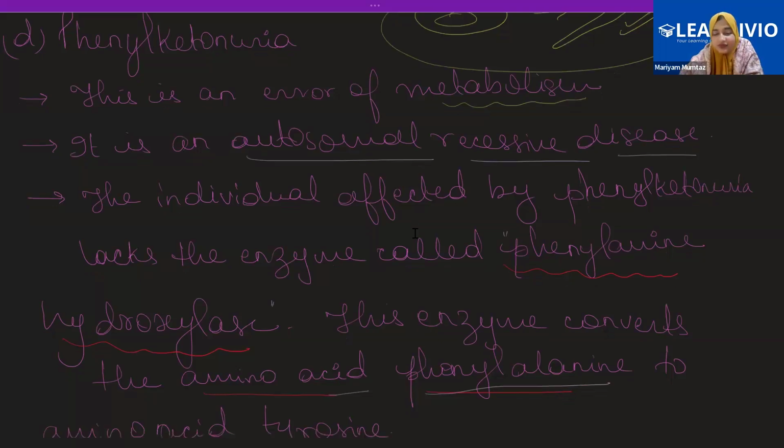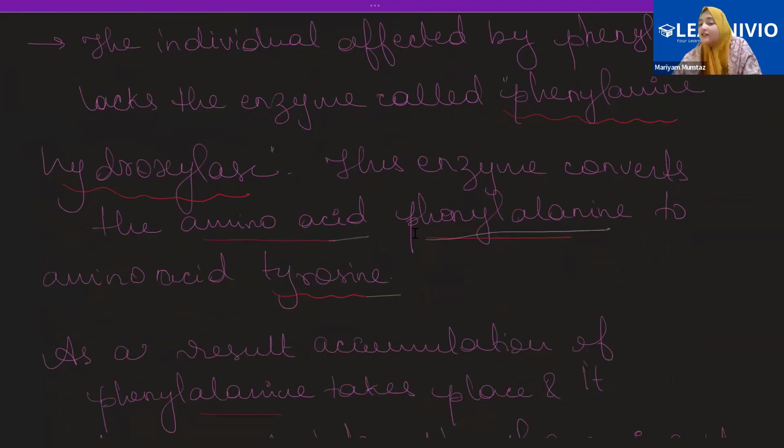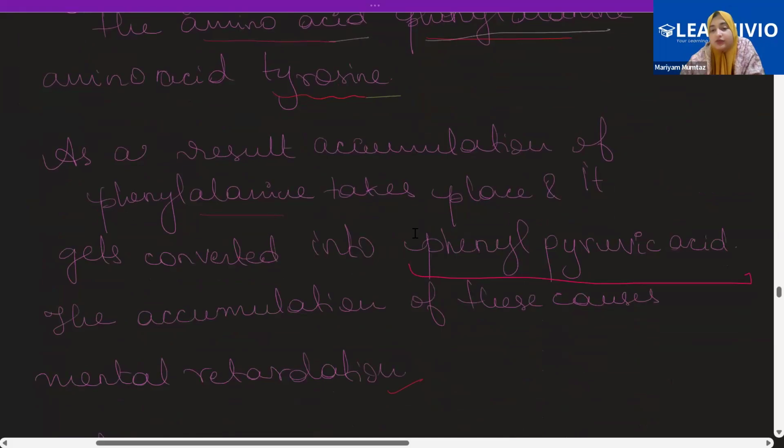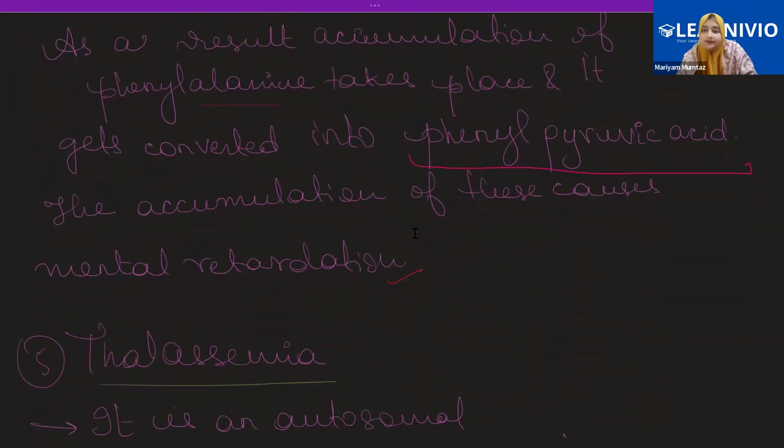This enzyme is responsible for converting phenylalanine to tyrosine. But since the phenylalanine is not getting converted into tyrosine, it starts accumulating and then gets converted into phenylpyruvic acid. The accumulation of phenylpyruvic acid causes mental retardation. Clear?